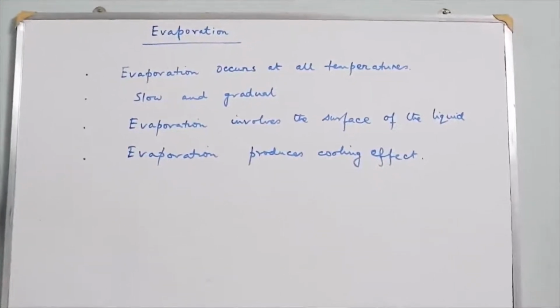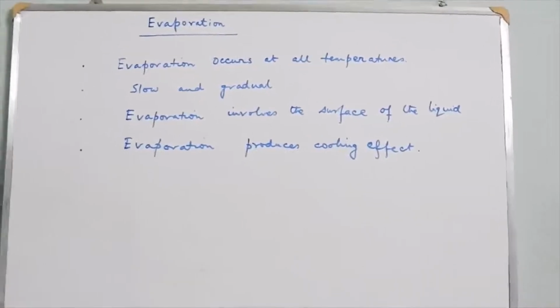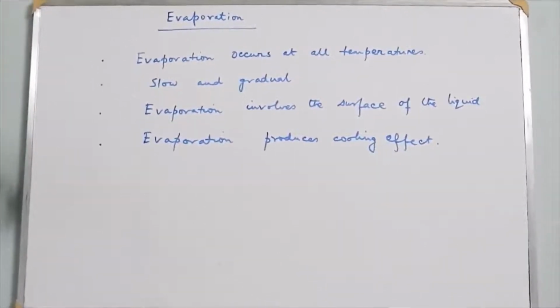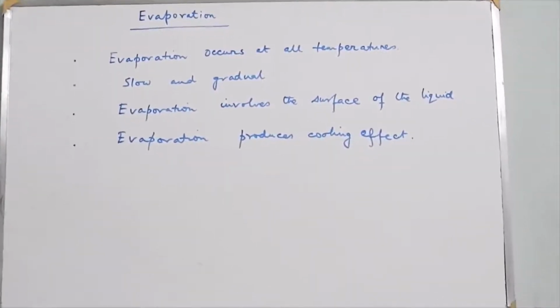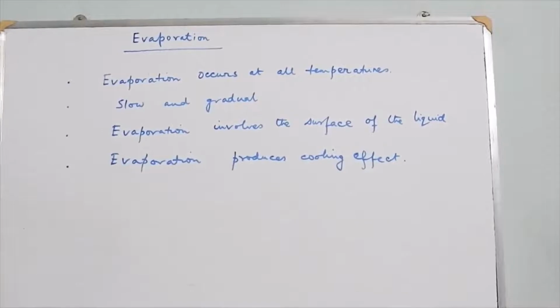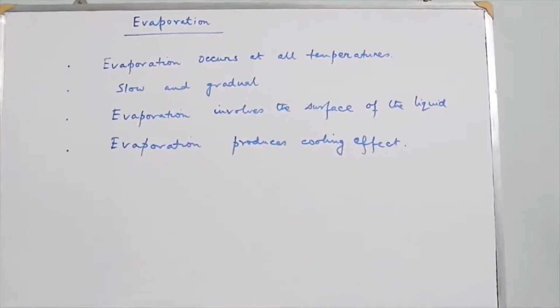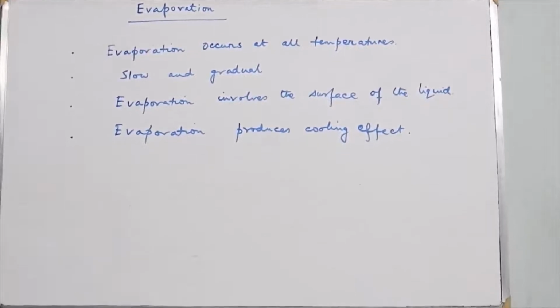There are many examples which involve the process of evaporation. For example, if we take some volatile liquid such as alcohol or ether in our palm, the liquid evaporates and it produces a cooling sensation on the palm.